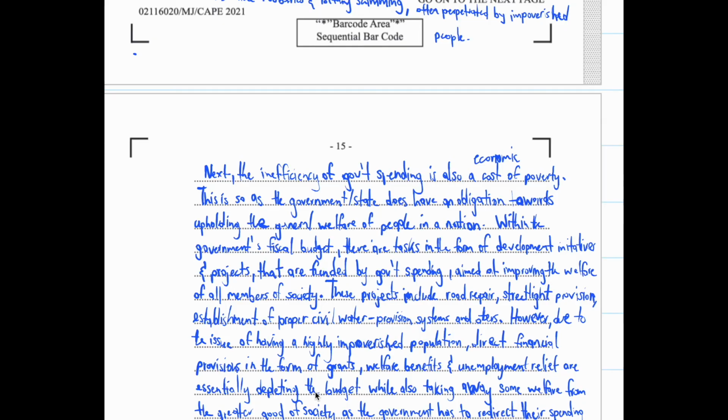So these projects could include road repair, street light provision, establishment of proper civil water provision systems, and other things for the overall benefit of society.